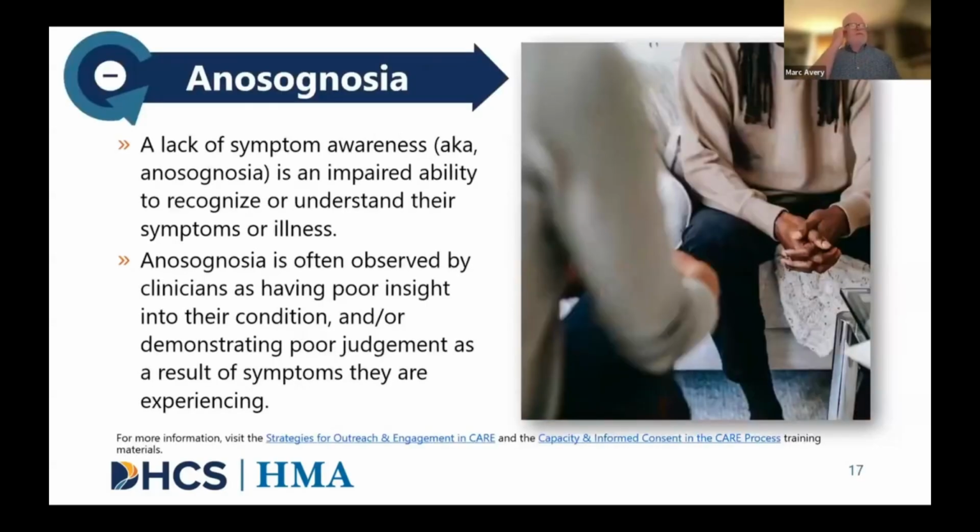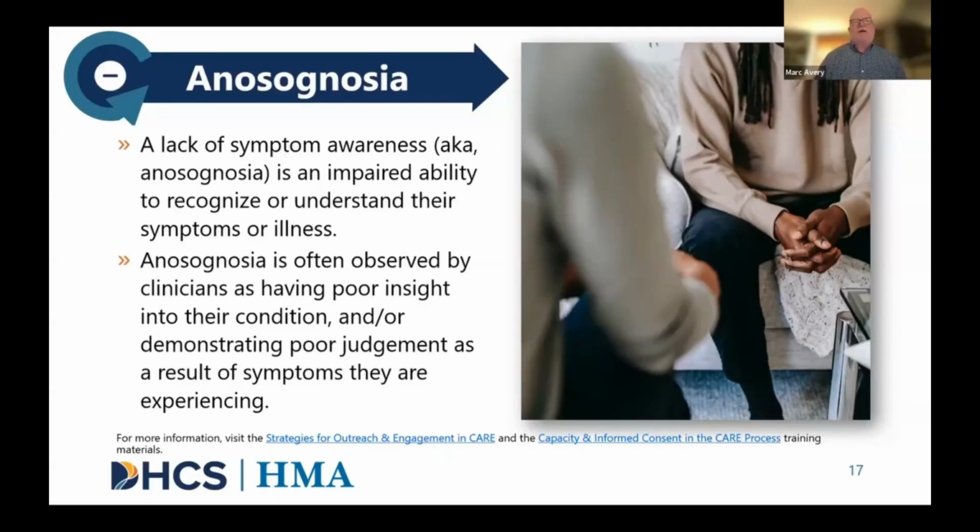Okay, we covered a number of symptoms that are referred to as positive symptoms and talked about a definition of psychosis. Let's talk about a few of the negative symptoms that we mentioned earlier. First is the concept of anosognosia. Unfortunately, persons with schizophrenia may not be able to recognize or understand their own symptoms or illness.